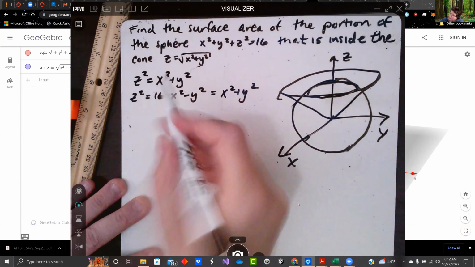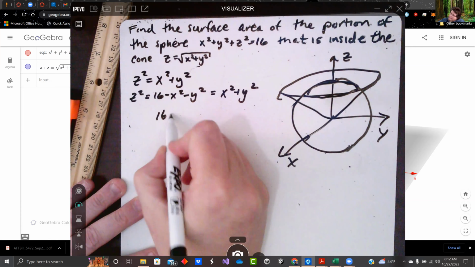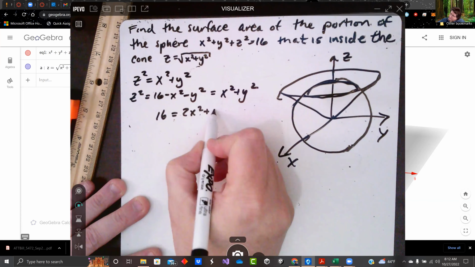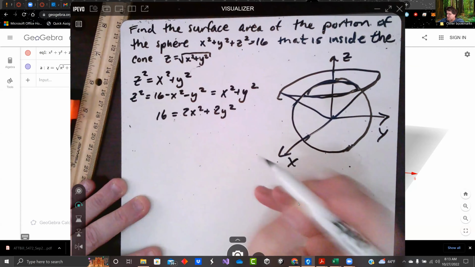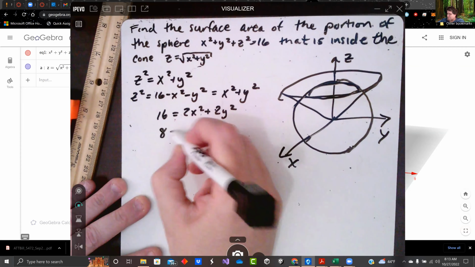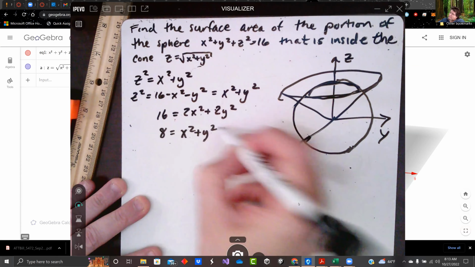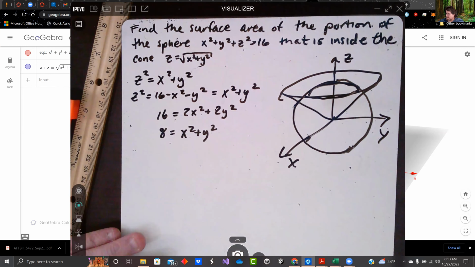And we'll get the x squareds and y squareds over there. And so we've got 8 equals x squared plus y squared. So let's keep that in mind.